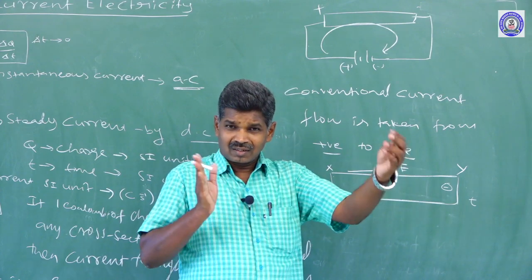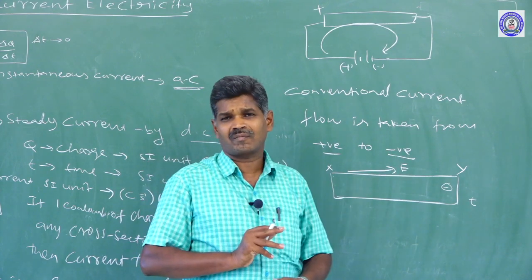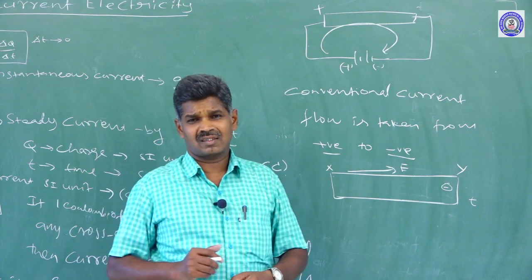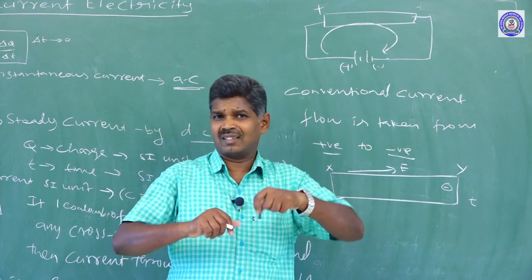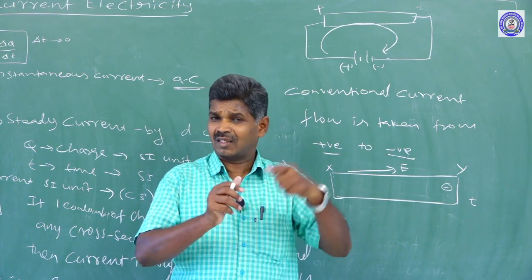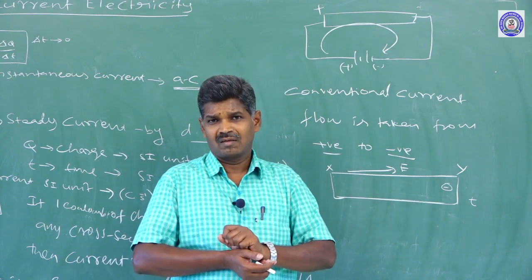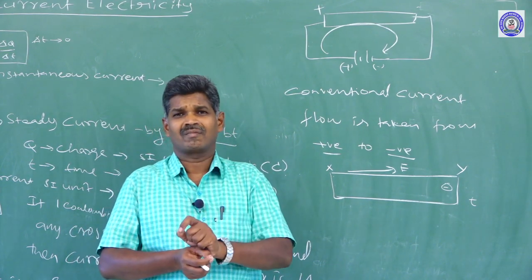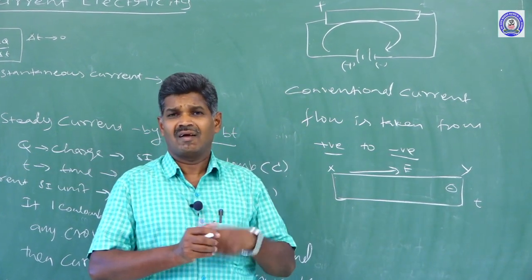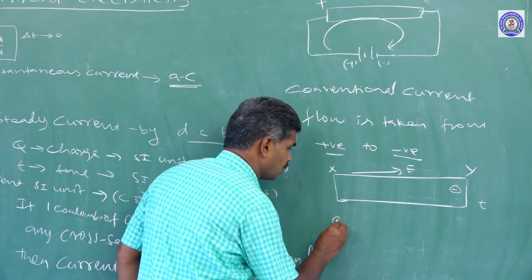Based on that length and time, the electrons have a velocity. The free electrons are drifted by the electric field from a lower potential to a higher potential. That is why the drifted electrons' velocity is called the drift velocity.